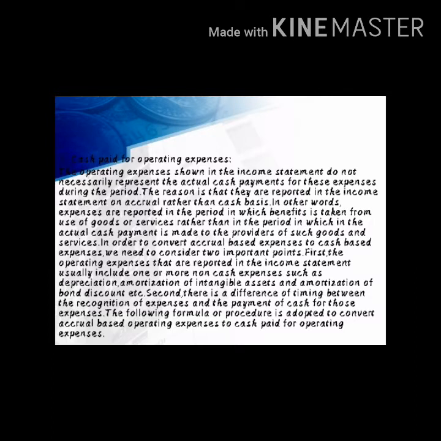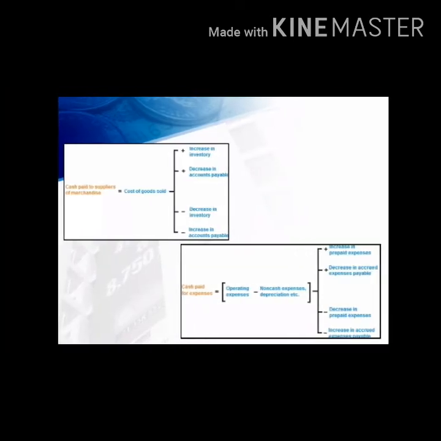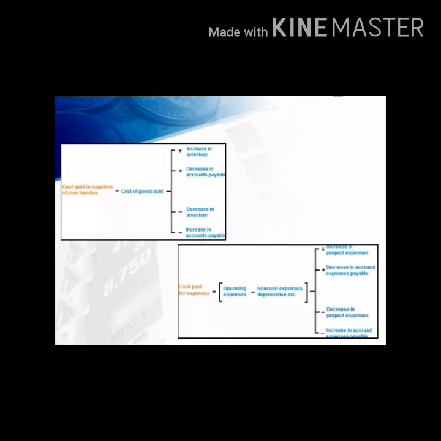The following formula or procedure is adopted to convert accrual-based operating expenses to cash paid for operating expenses. So we have here the formulas. The first one is the cash paid to suppliers of inventory, which is equal to the cost of goods sold.